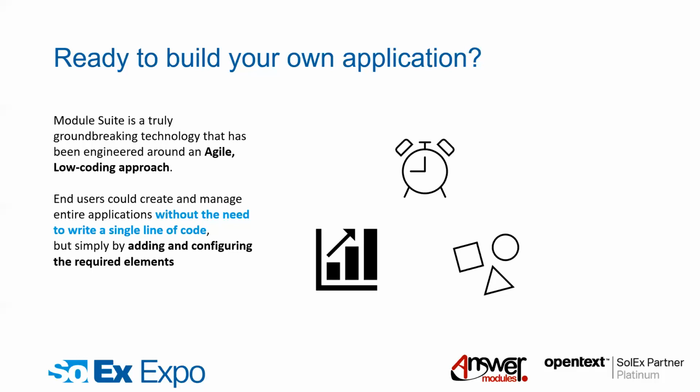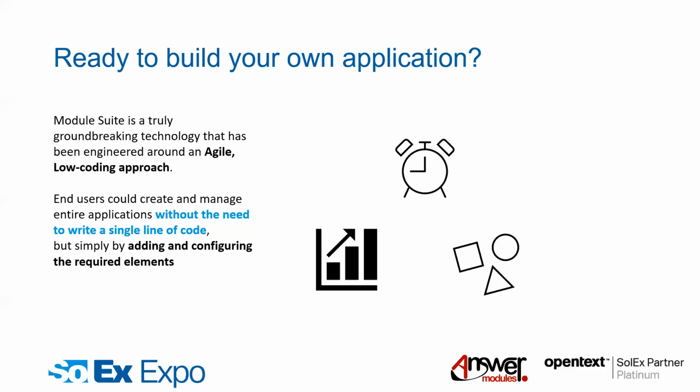Thanks to the fact that we're not using proprietary languages, we're taking a low coding approach, and you're always building on top of something, we've seen that the majority of people are able to become productive with the Module Suite in a matter of 5 days. This is broken down into 2 days of training and 3 days of hands-on exercises. So in one work week, a technical user can become fully productive with the Module Suite.